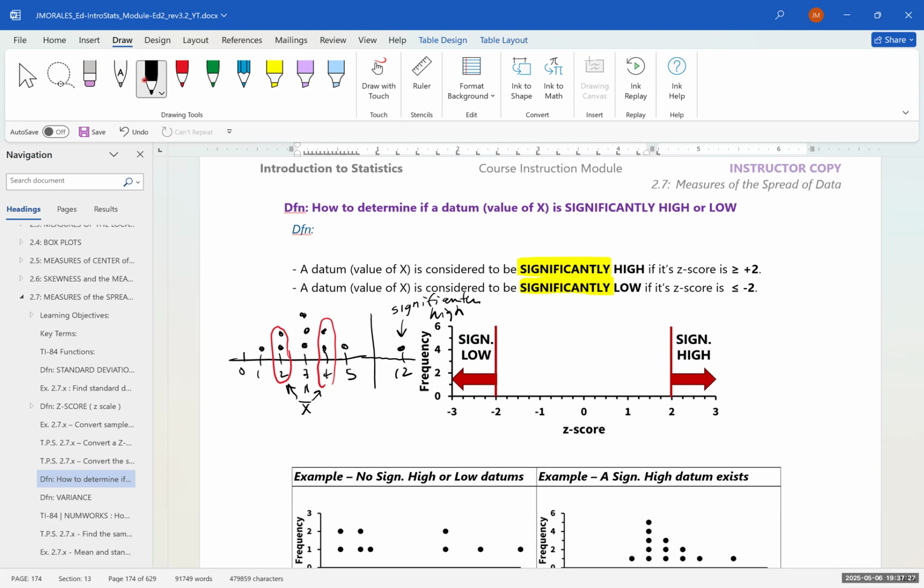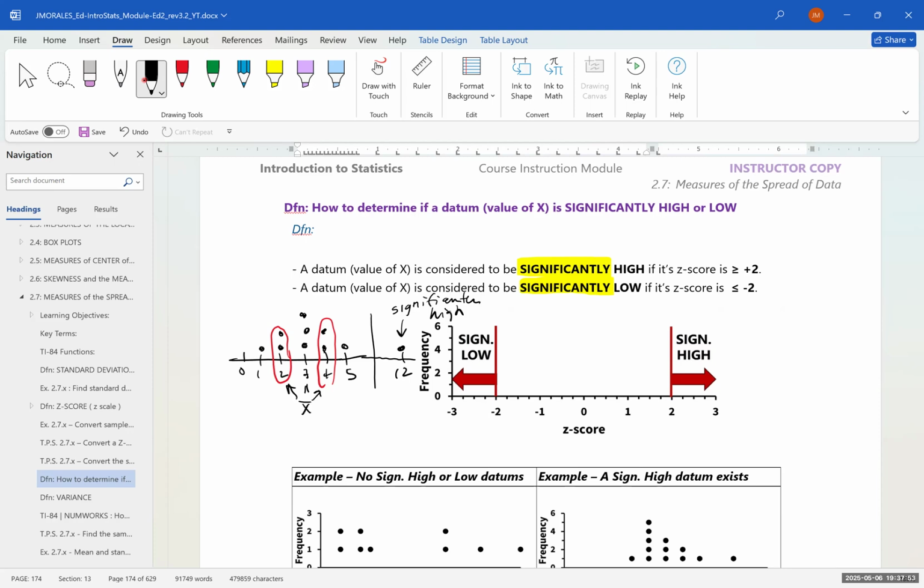Now, from a purely subjective, opinionated point of view, we would say, well, if the average is 3 and someone took 12, that's a lot. But the problem is in statistics, we can't just make opinionated judgments like that. We can't just subjectively say something is bigger or smaller. We need a mathematical basis to justify our decision.